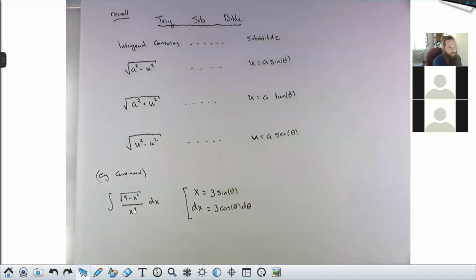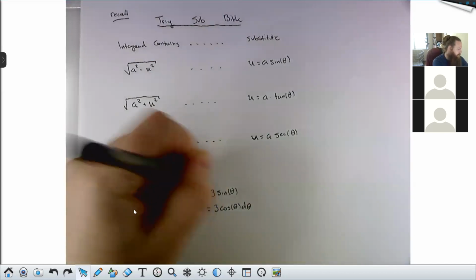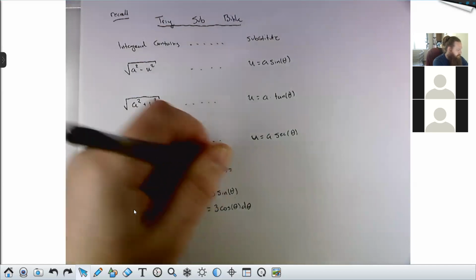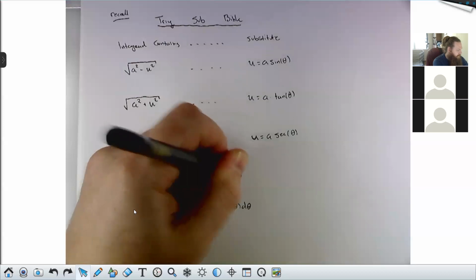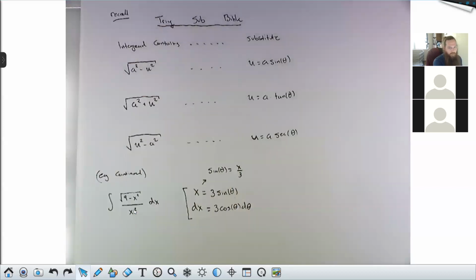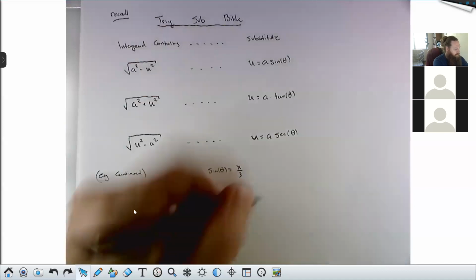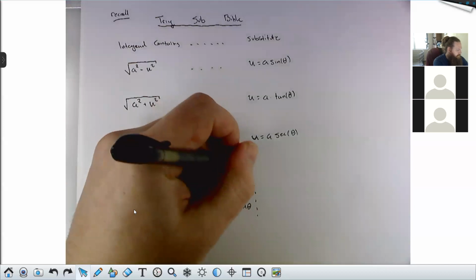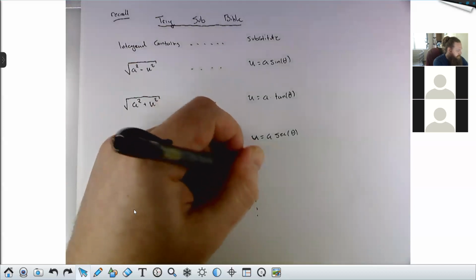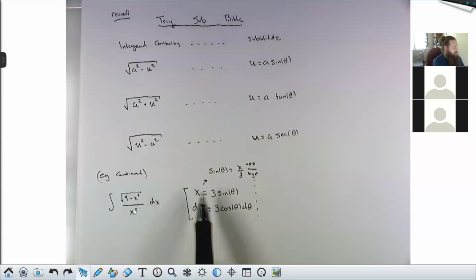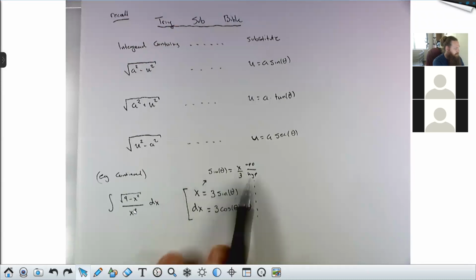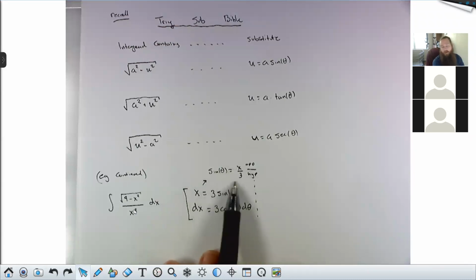Now, the other thing I like to do while I'm here: if this was a definite integral, we would change bounds. Since it's an indefinite integral, I know I'm going to have to draw a triangle at the end to go back to my original variable. So let's draw that triangle now. Let's get that out of the way. If x is equal to 3 sine theta, that means sine theta is equal to x over 3. I can think of the x as the opposite, 3 as the hypotenuse.